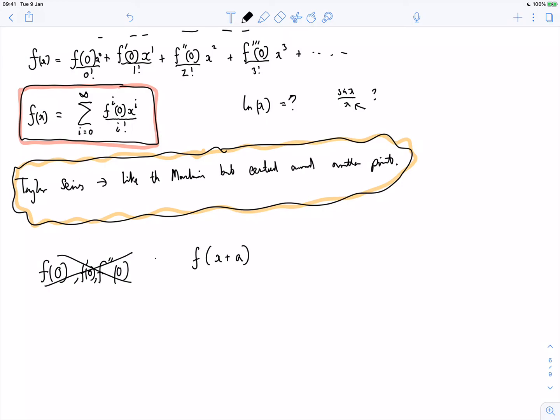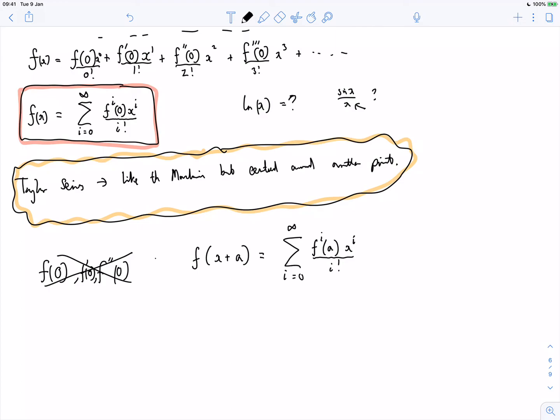I don't know, let's call it a. So then how would that change everything? Well, now we're not dealing with f of 0, we're dealing with f of a now. And, well, let's just do the general thing. This would be the sum from i equals 0 to infinity of f to the i evaluated at a, lots of x to the i over i factorial. That's fine.